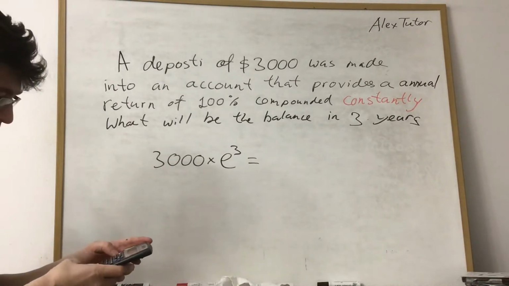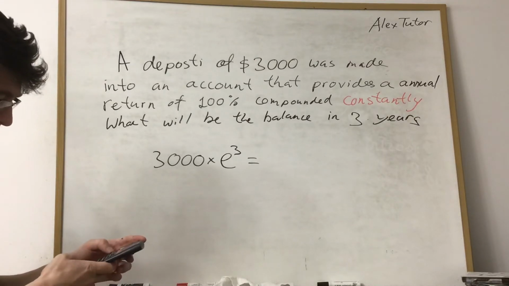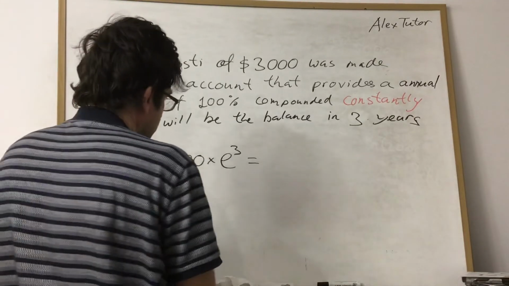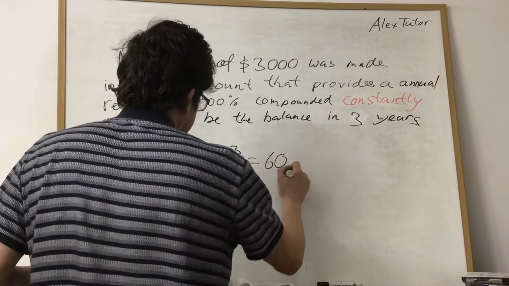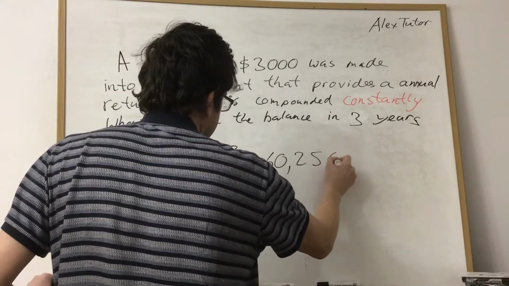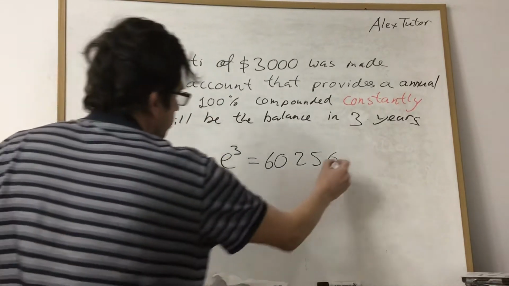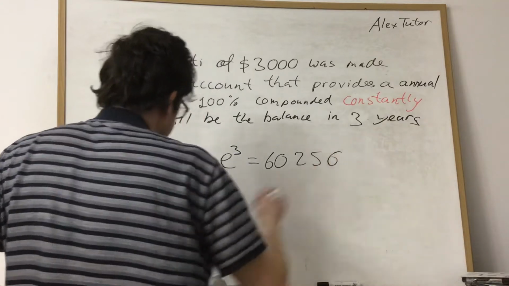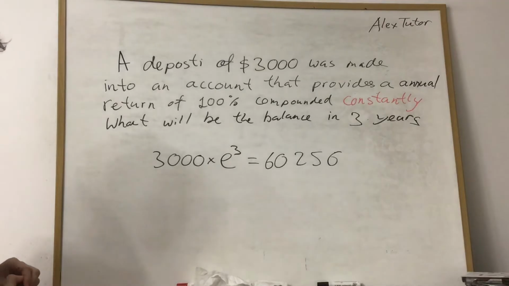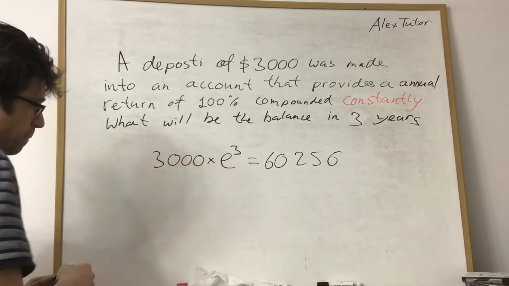Let me tell you. 3000 times e to the power of 3 will be 60,256 point something. It's not exact, it's an approximate answer. So that's the purpose of e.